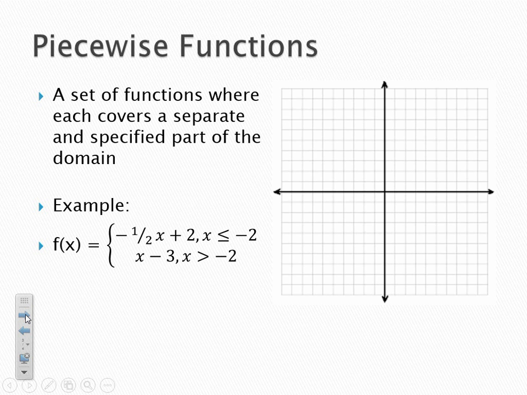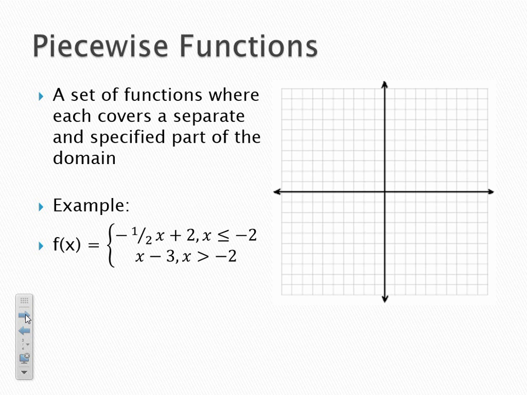And so if you take a look at our piecewise function here, you notice that we still use the function notation f of x. But when we get to the other side of our equal sign here, this is where it begins to look unique. We have this single brace that is connecting these two functions together. And the first and most important thing we need to recognize is where these functions are going to exist.